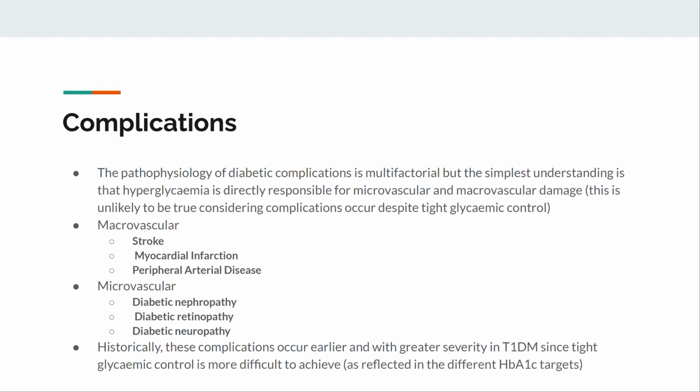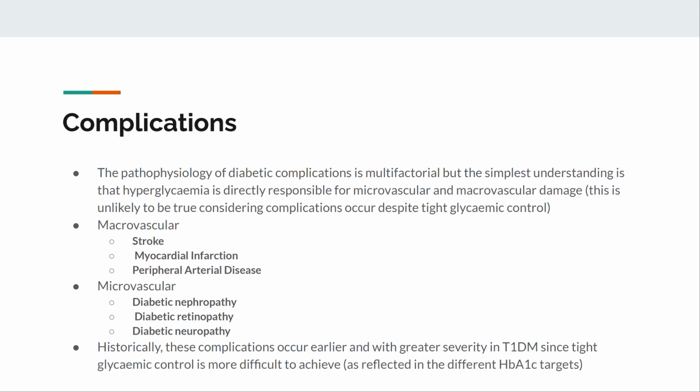The first sort of microvascular change is diabetic retinopathy. And if someone presents with diabetic nephropathy, which can be detected by albumin being present in the urine, microalbuminuria at first, people at that stage almost definitely have some degree of diabetic retinopathy.